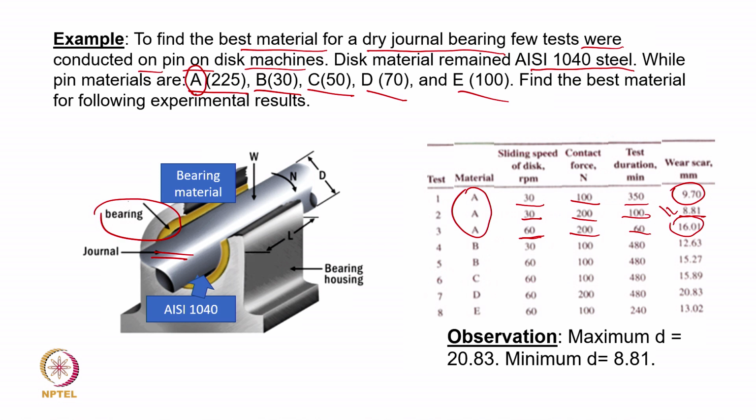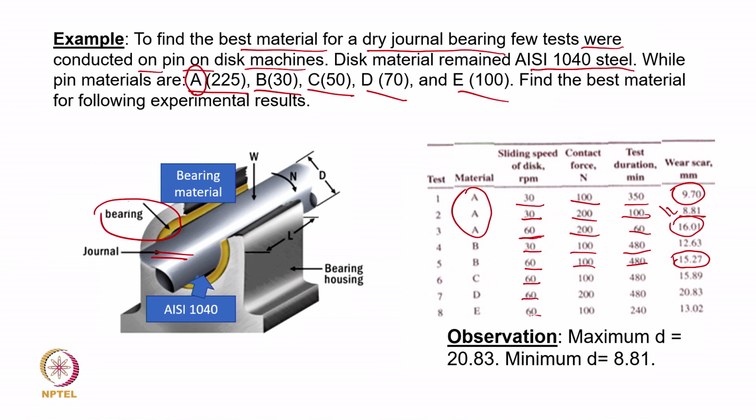Coming to material B, they have conducted two tests, one at 30 rpm and one at 60 rpm, with the load and time remaining the same. We see that at the higher speed it gives a 15.27 mm scar, and at 30 rpm it gives 12.63.